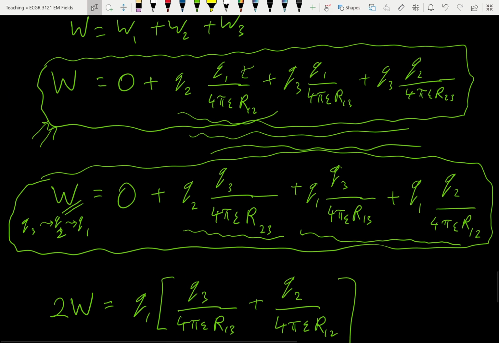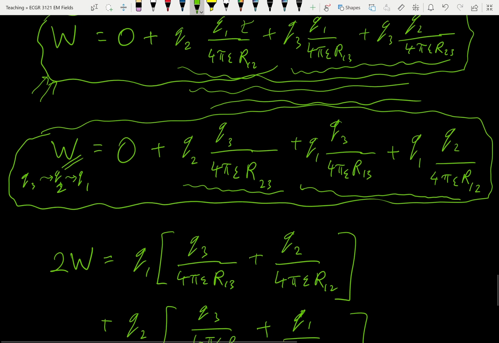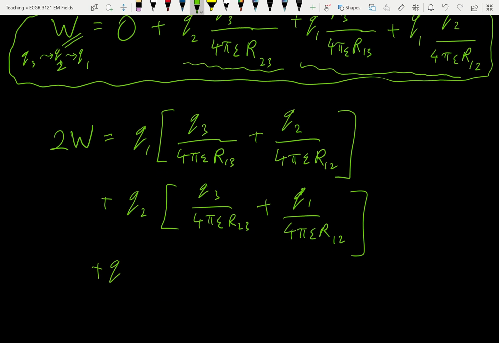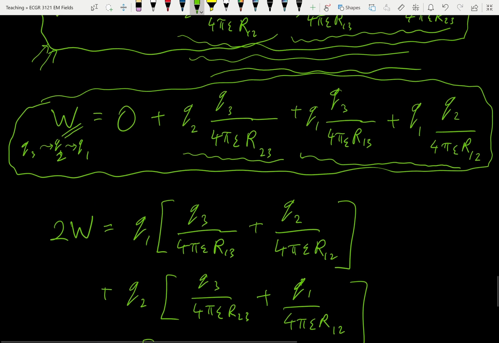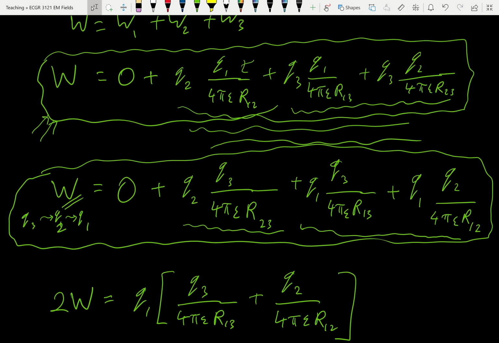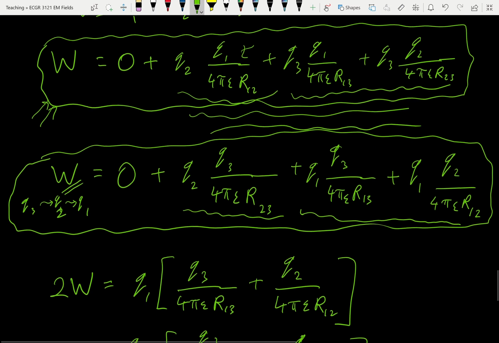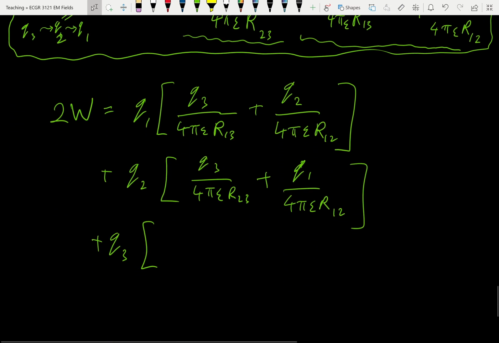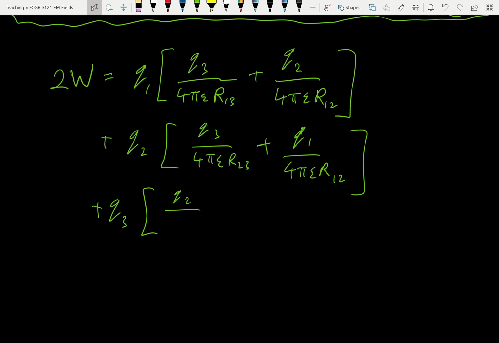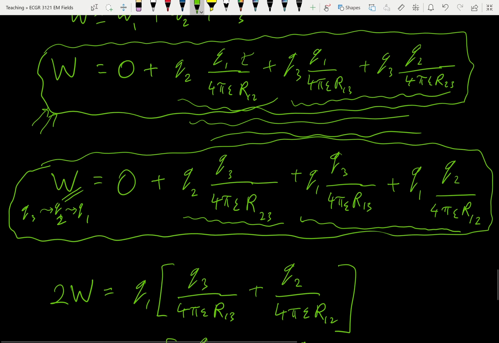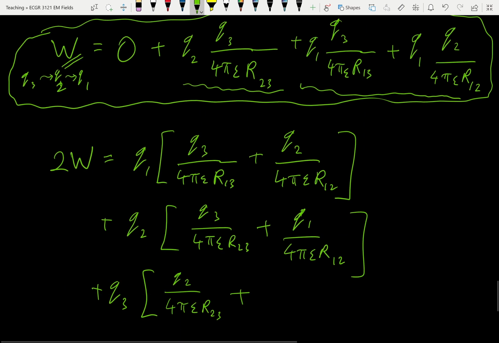Right? And then I take the final two terms, which are those two terms. I take Q3 out. So I end up with Q2 over 4 pi epsilon R23 plus, what's the second term? Oh, this term, yeah, Q1 over 4 pi epsilon R13.